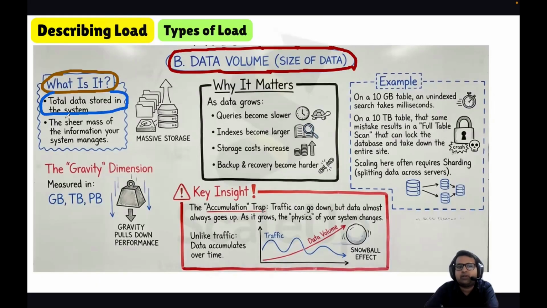It is the sheer mass of information the system manages, and it is usually measured in gigabytes, terabytes, petabytes. Data volume is the gravity dimension. Now let us try to understand its importance.